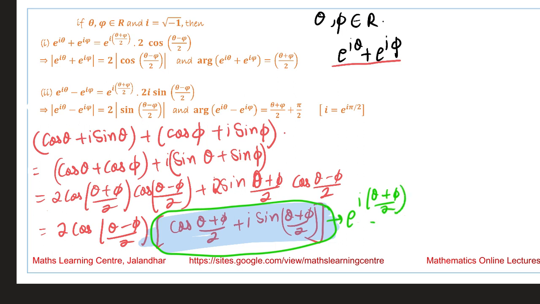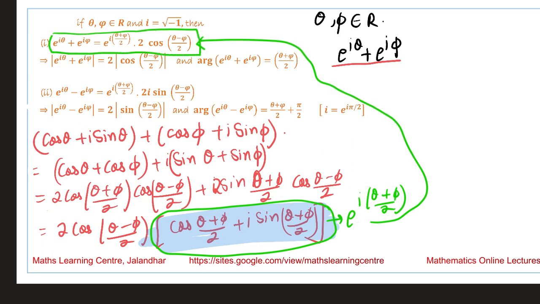This is what we are proving here, that e^(iθ) + e^(iφ) is equal to this value.